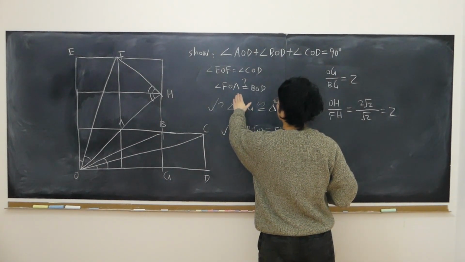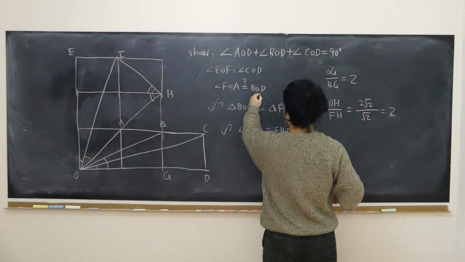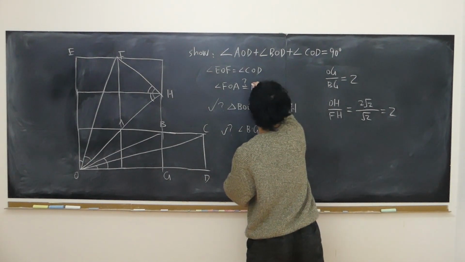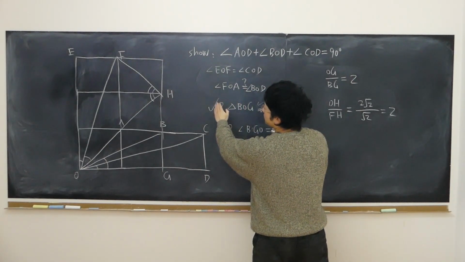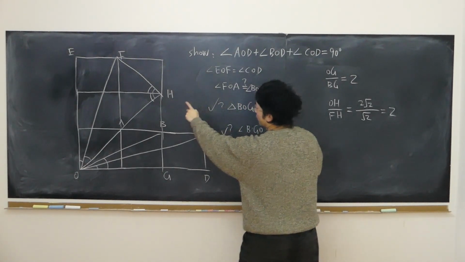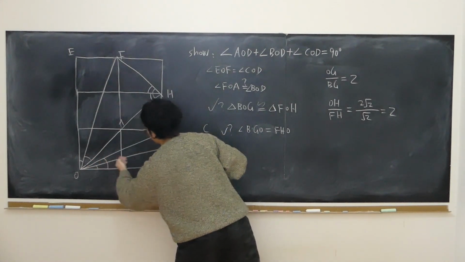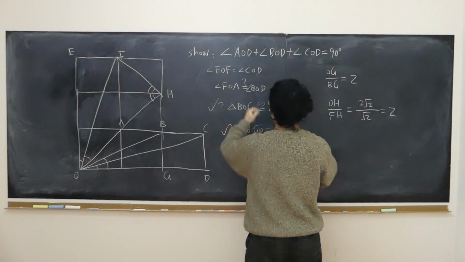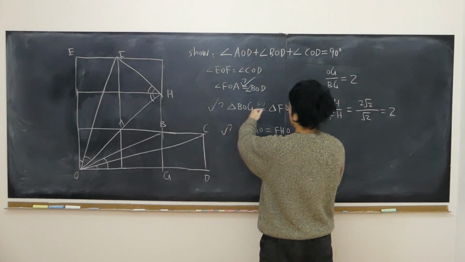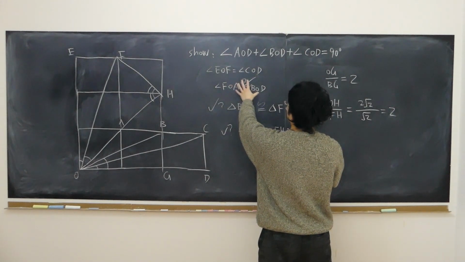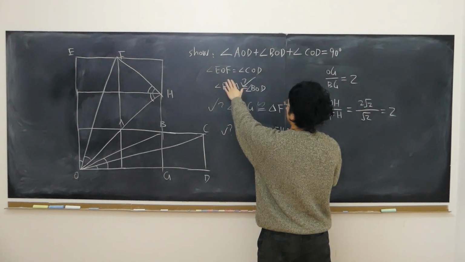So angle BOD is equal to angle FOA, FOH, the same thing. So they're really equal, because they're similar triangles, as I've proven.